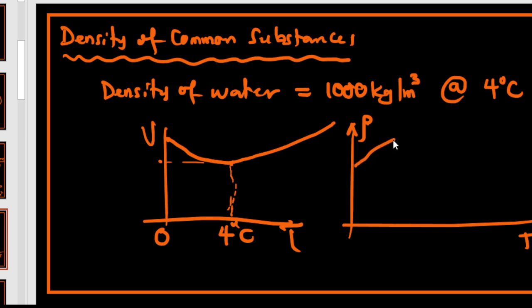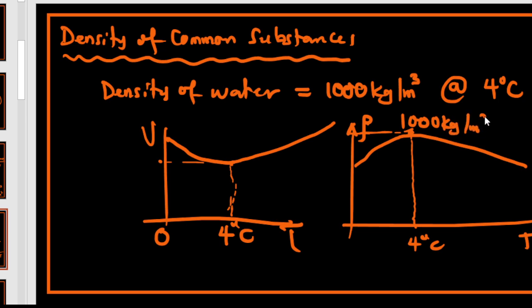Since the relationship between density and volume is an inverse relationship, at 4 degrees Celsius water happens to have its maximum density. So this maximum density at 4 degrees Celsius is 1000 kilogram per meter cube. So the value we have just quoted as the density of water, 1000 kilogram per meter cube, is true at 4 degrees Celsius.